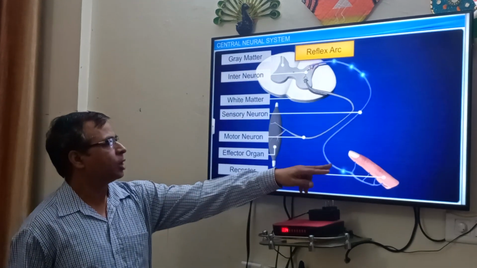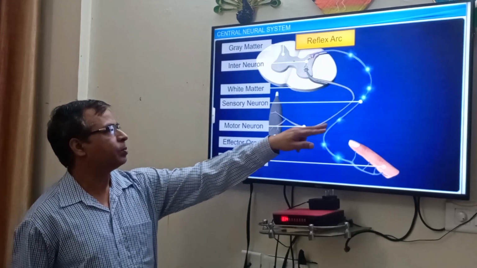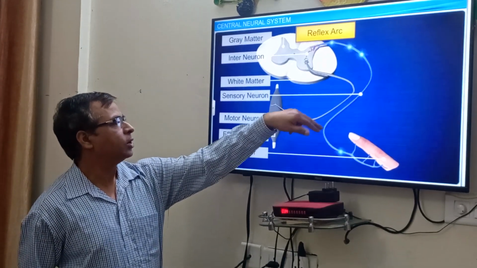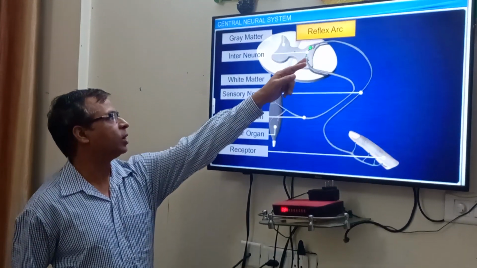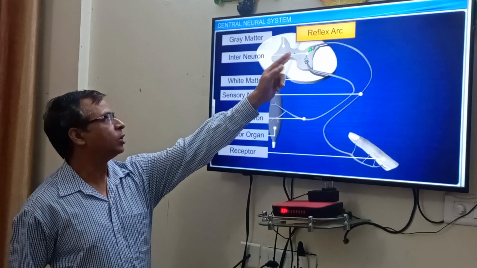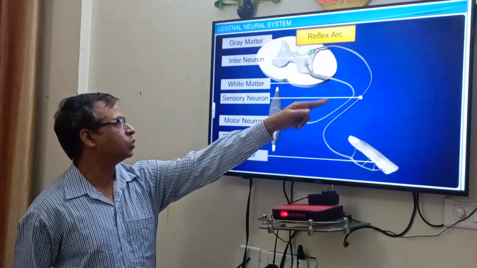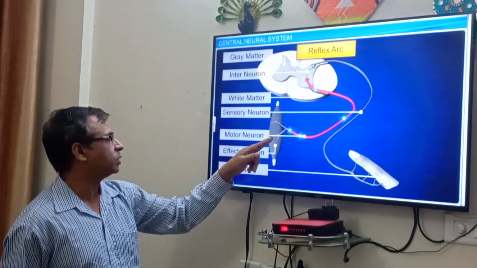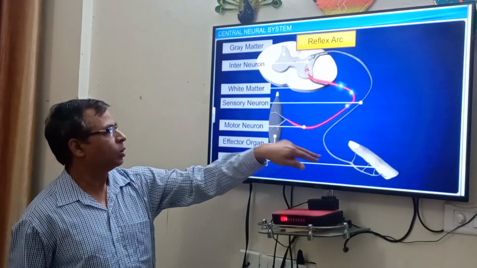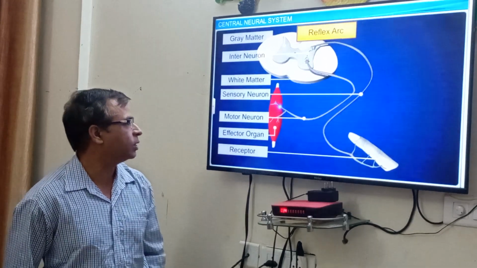First, the nerve impulse comes from the sensory organs, like the skin. It passes through the sensory neurons to the spinal cord. There the interneuron or association neuron passes the impulse to the motor neurons, which go to the effector organs. This is the whole reflex arc or pathway.